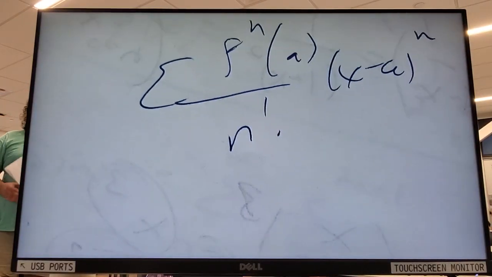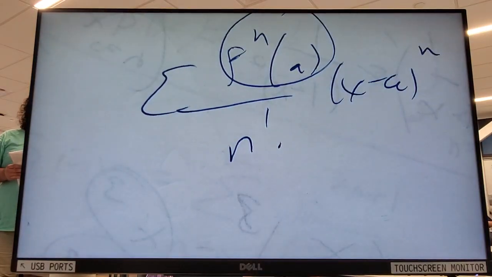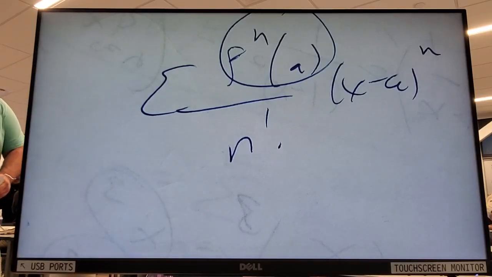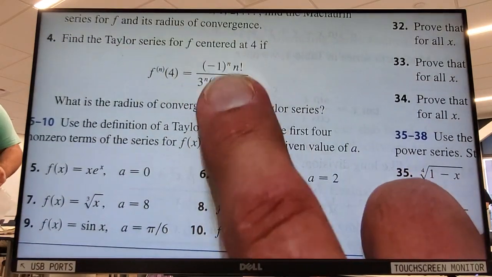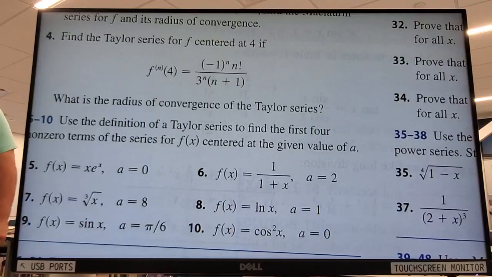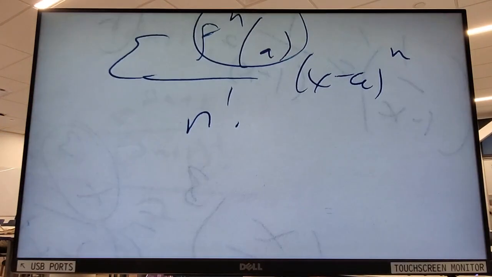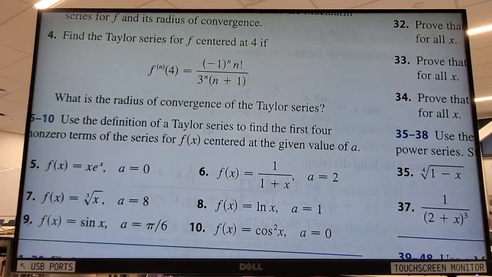So this piece they've done completely for you. I was interpreting it as like f of 4 or whatever. Sort of, but it's all the derivatives of 4. So they did all the work. You just have to plug that piece into this form. Yep. Put it there. Cool. Thank you.